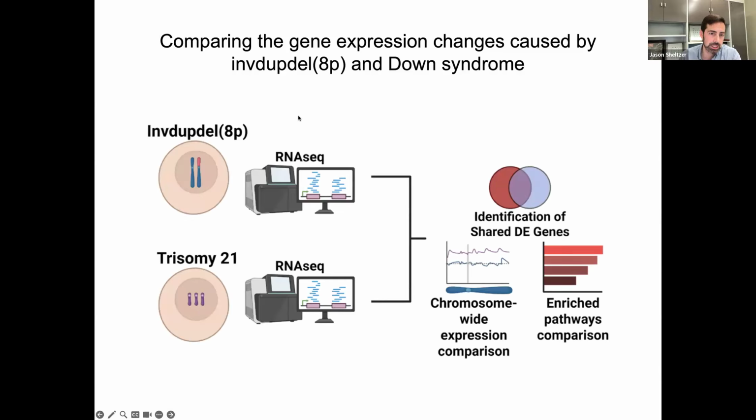We analyzed gene expression in them using RNA sequencing. And then we also used a published data set of gene expression in induced pluripotent stem cells with trisomy 21. And then we just compared the gene expression changes that were caused by inversion, duplication, deletion of 8p and the gene expression changes that were caused by trisomy 21.